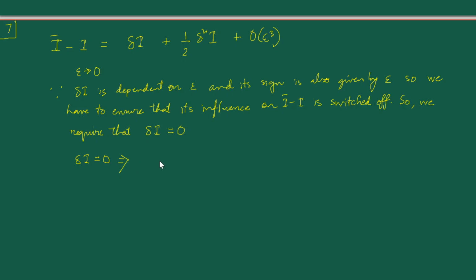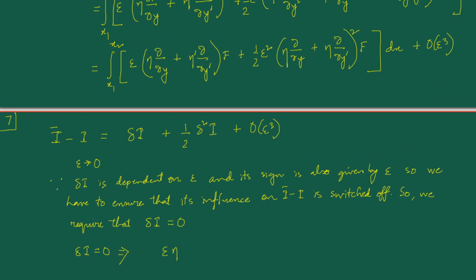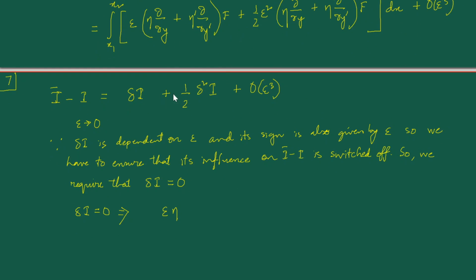So delta I equal to 0 basically means that we are dealing with this term: integral from x1 to x2 of epsilon eta del f del y plus epsilon eta dash del f del y dash, dx, equal to 0.